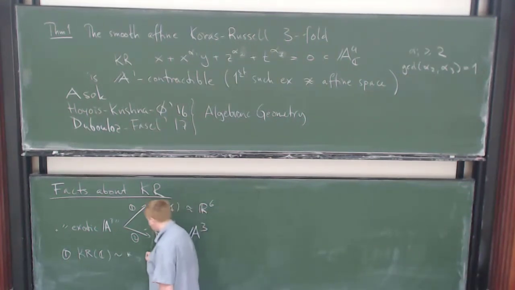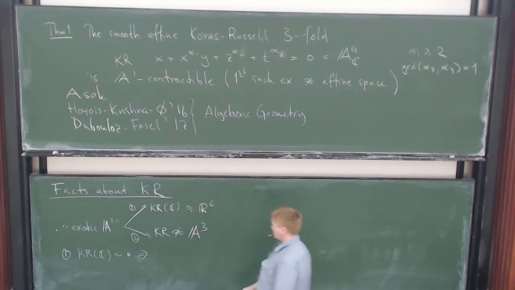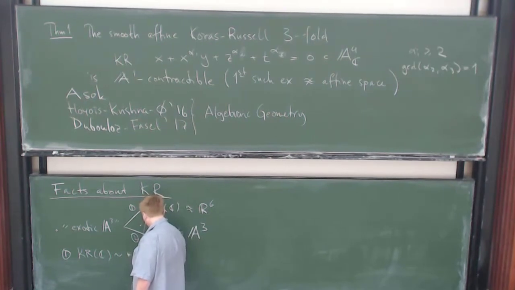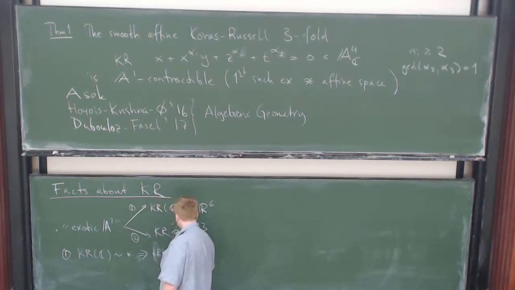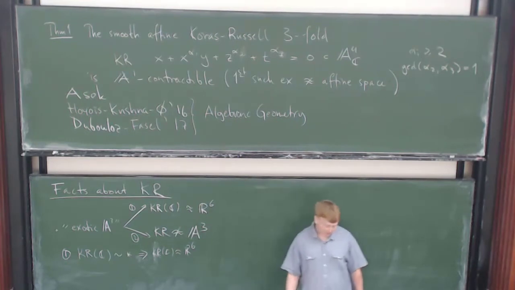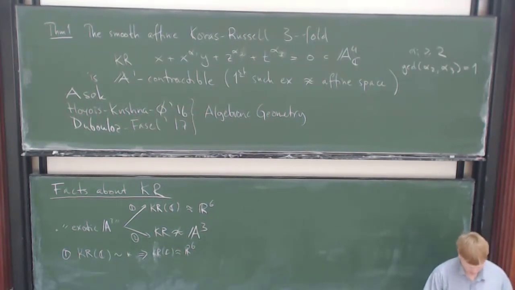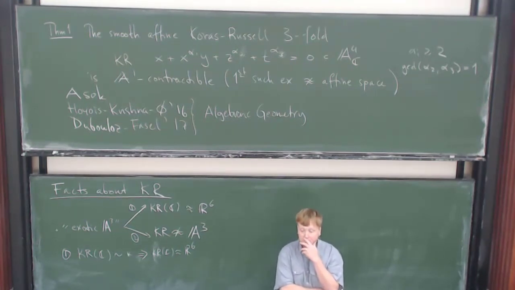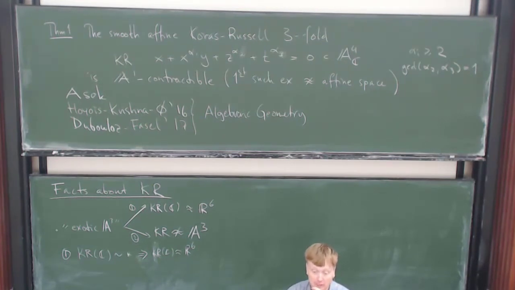Once we have this, it follows that the complex points are diffeomorphic to R^6, and this is a theorem of Dimca and Ramanujam. Is that real analytic or just diffeomorphic? It's diffeomorphic as manifolds, not real analytic.